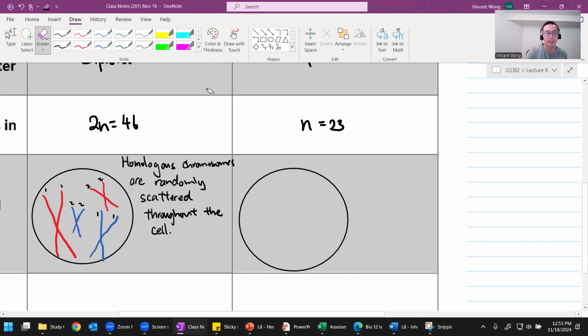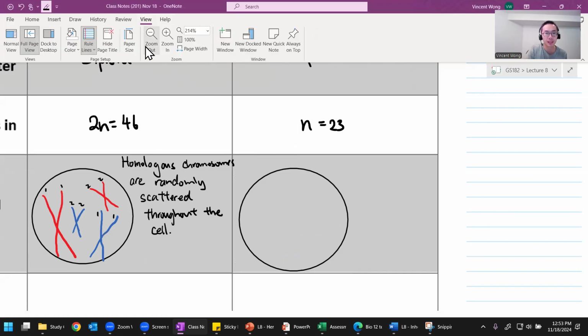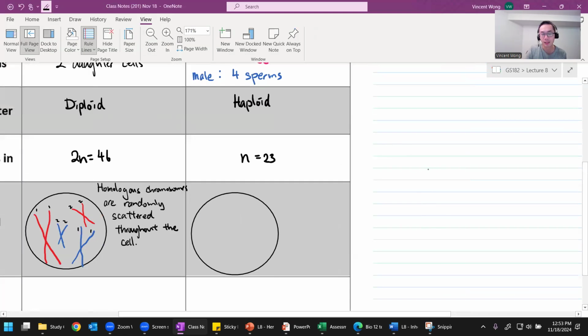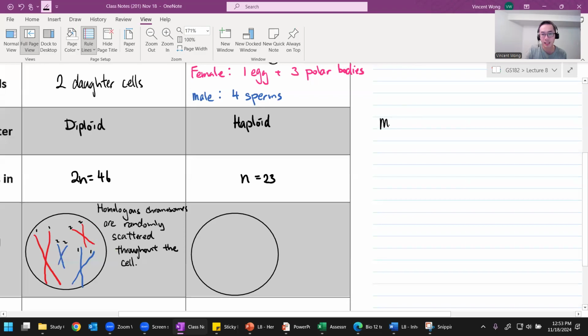And then in prophase 1, I probably should clarify this in case, because sometimes I think it's obvious, but then actually it's not. Meiosis has two divisions, right? So we have meiosis 1 and meiosis 2. And under meiosis 1, we have prophase, metaphase, anaphase, telophase 1.